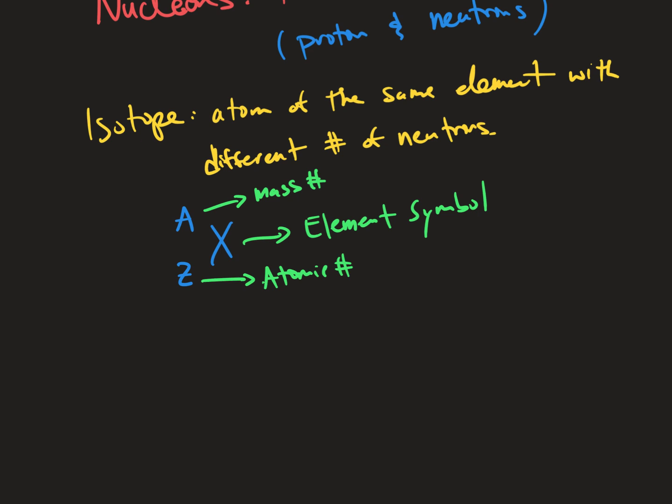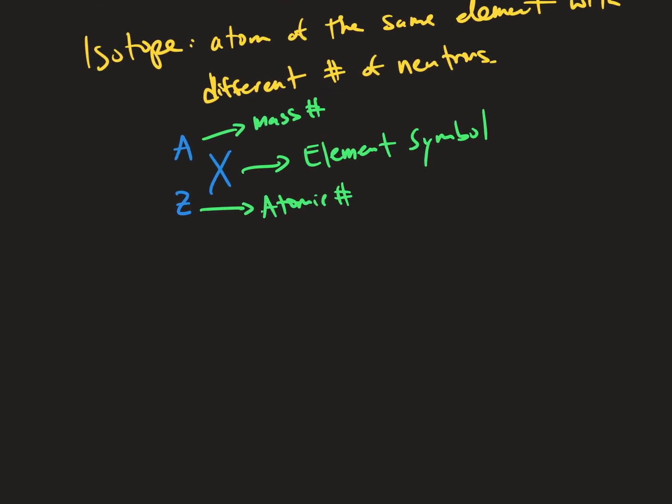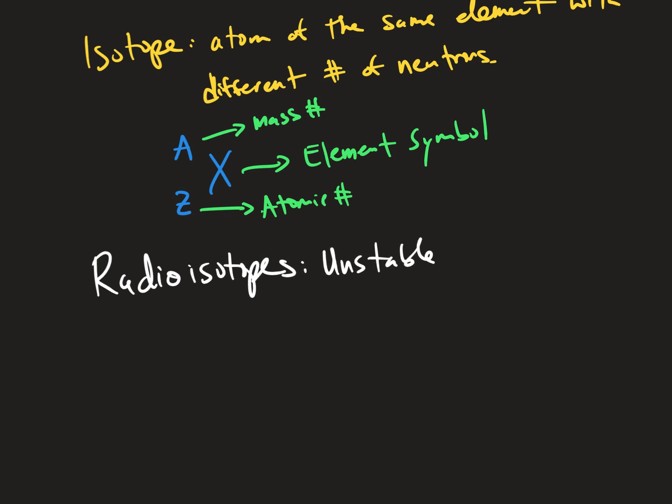Because different isotopes behave differently. So, for example, we have what's called radioactive isotopes or radioisotopes. And basically, this is just unstable isotopes. And what part's unstable?